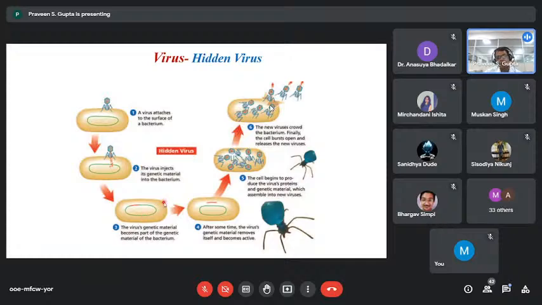But whenever the condition is favorable, again they enter the lytic phase. In the same way they increase their copy number, pack, break down the genome of the host, and move out. So this is the case of the hidden virus.